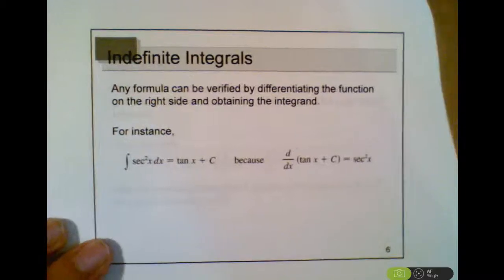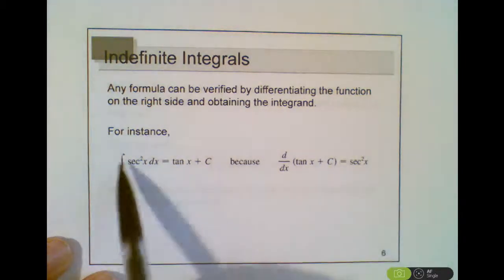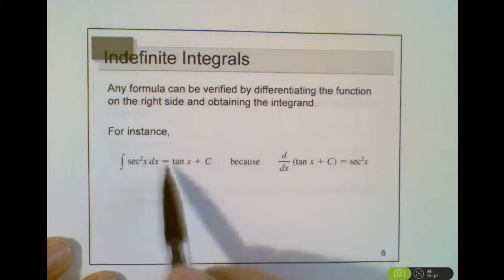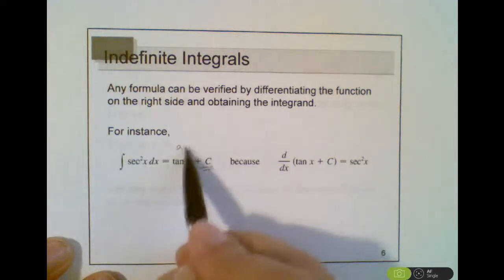Now, whatever formula that you have, you can always verify it by applying the inverse process, which would be antiderivatives. So for example, the integral of secant squared, I know that is tangent plus a constant. Remember that these are antiderivatives.